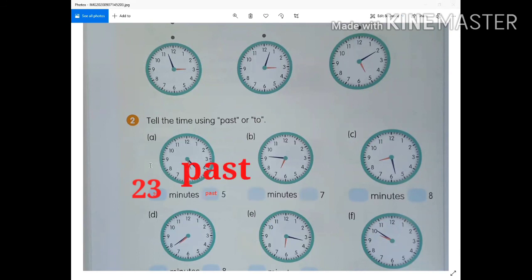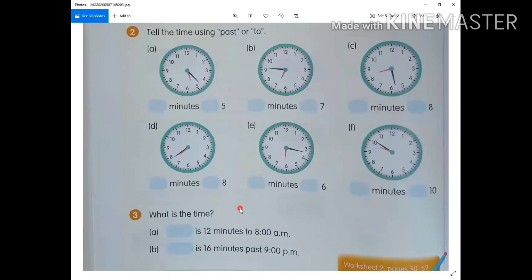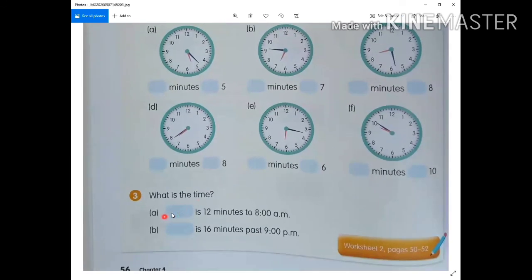Now let's do the last, number 3. Look at this. What is the time? I will give you example for part A. What time is 12 minutes to 8 a.m.? Easy, right?